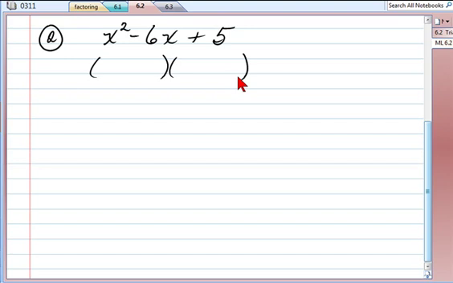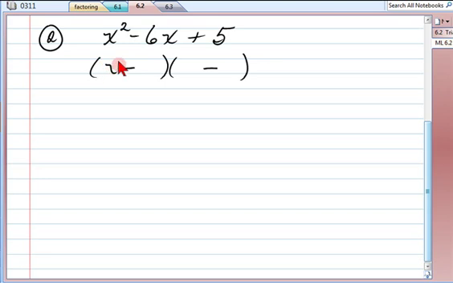Once I've made a determination that I'm going to use trial and error, then I think about the sign patterns. The last sign is positive. So what does that tell us about the 2 signs? Both negative. Okay, the rules are if the last sign is positive, both signs in here match the middle term. If the last sign is negative, that's when you get one of each. Okay, so they're both negative.